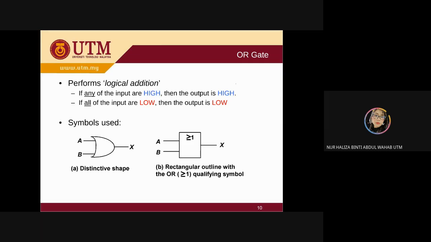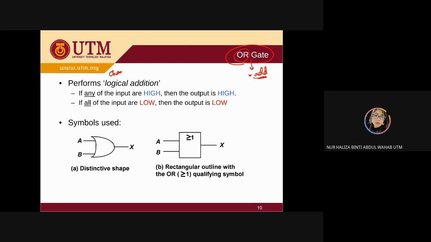So next, is it okay for the AND gate? Next, you can see we have the OR gate. The OR gate is also similar to addition, mathematically similar things. This is the characteristic of our OR gate.